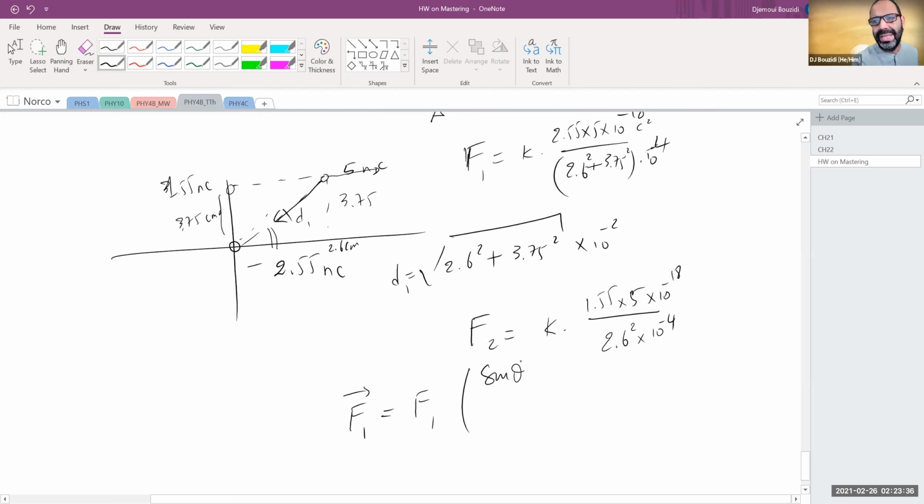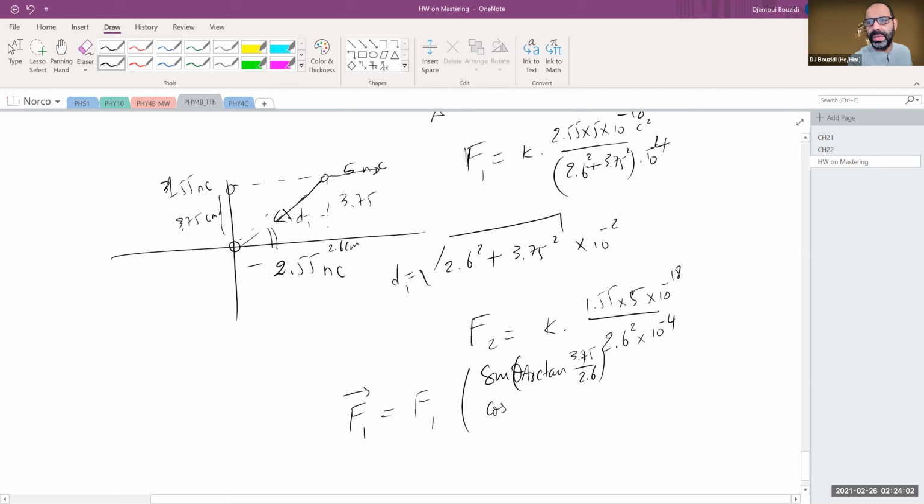Theta is the arc tangent of 3.75 divided by 2.6. I don't need to convert here because the centimeter cancels the centimeter. And the y component is the same thing, with cosine, because it's the adjacent. Did I do it wrong?